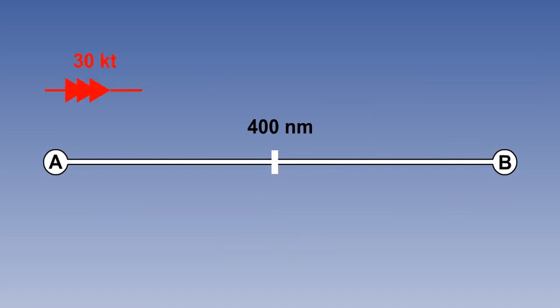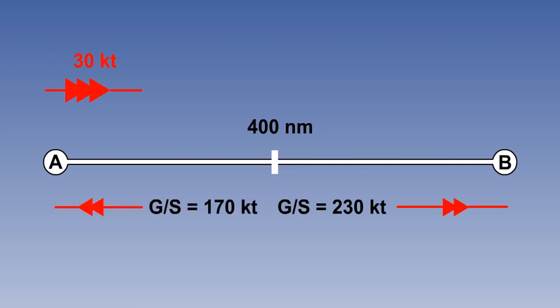What if it had been a tailwind? Let's now imagine that we're flying over the same route on a different day, and this time the mean wind over the whole route is a tail component of 30 knots. In this case, the ground speed onwards will be 230 knots, whilst the ground speed home is 170.